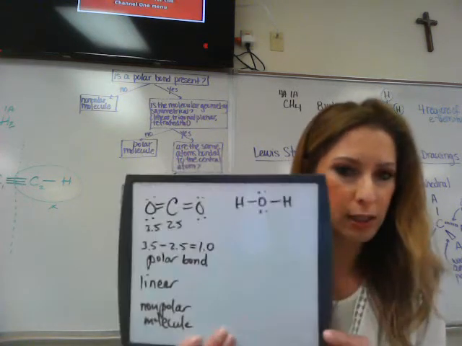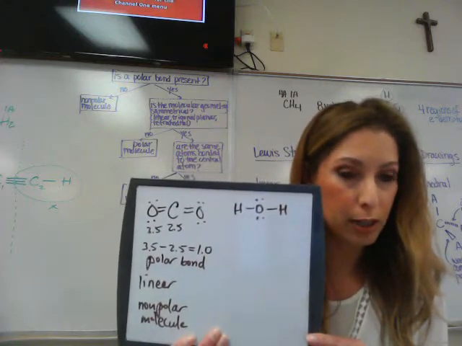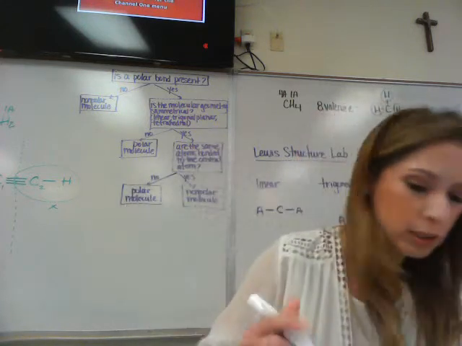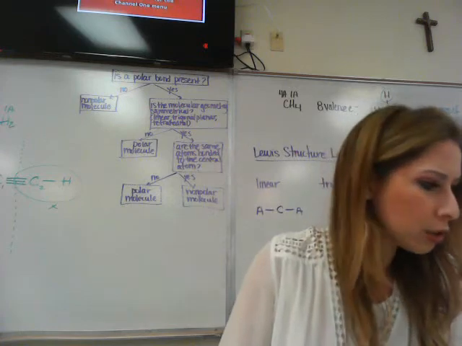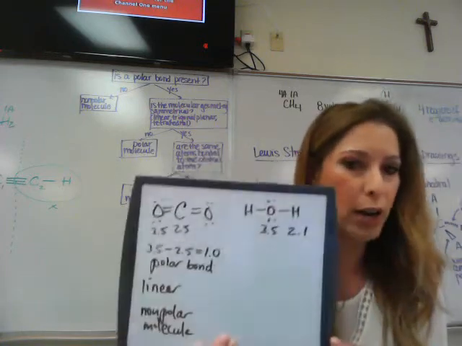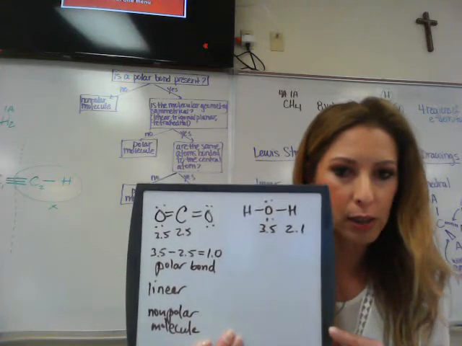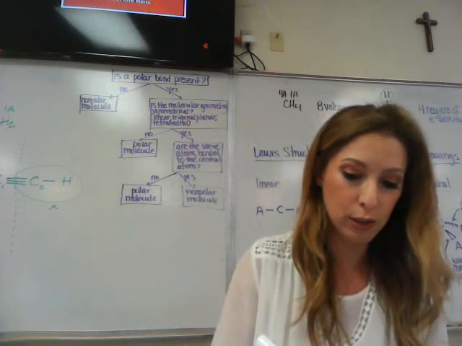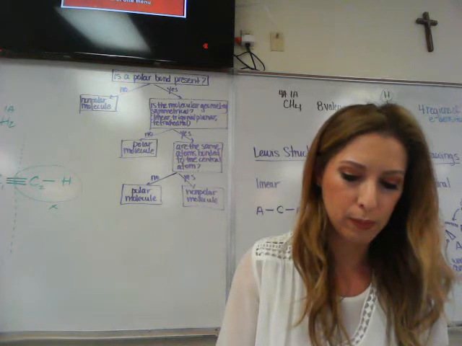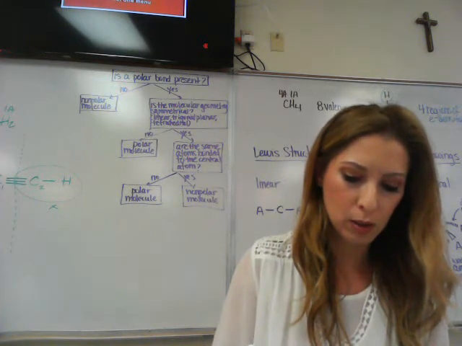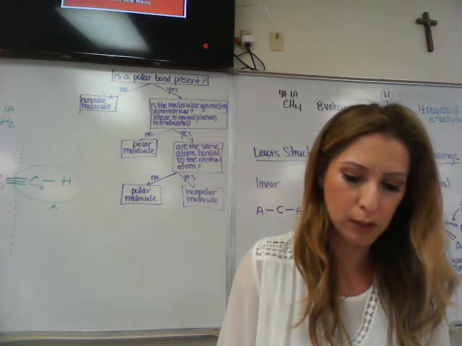Water looks like this. I have one type of bond, an oxygen-hydrogen bond. Oxygen is 3.5, hydrogen is 2.1. Subtract that value so you find out whether you have a polar or nonpolar bond. 1.4 is your difference. So that means I have a polar bond.